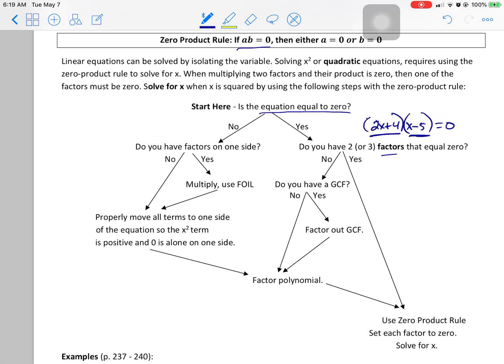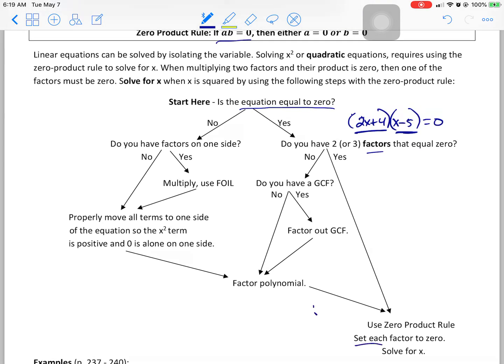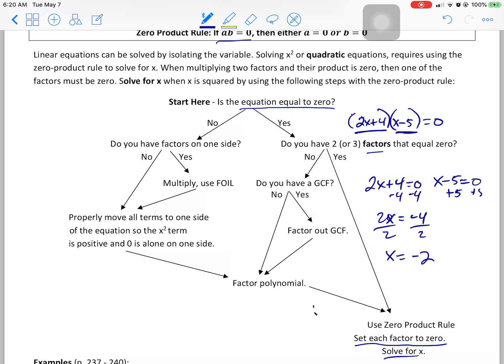The zero product rule states that you set each factor equal to 0 and solve for it. So 2x plus 4 equals 0, and x minus 5 equals 0. That's setting each factor equal to 0. That's how I'm going to get two answers from this quadratic. Solve for your x: move, isolate, move.